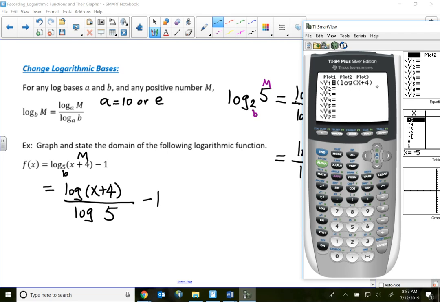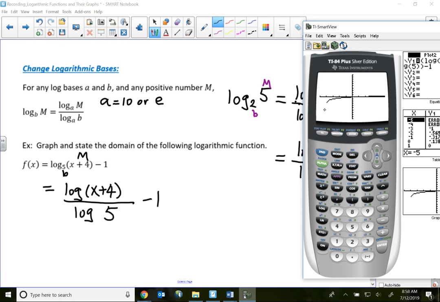This is only one term on the numerator, divided by log of 5. Close parenthesis for the log 5, close parenthesis for my first term. Then minus 1. All right, it looks something like this. So it shifted, right? Like I said, it shifted left 4, down 1.